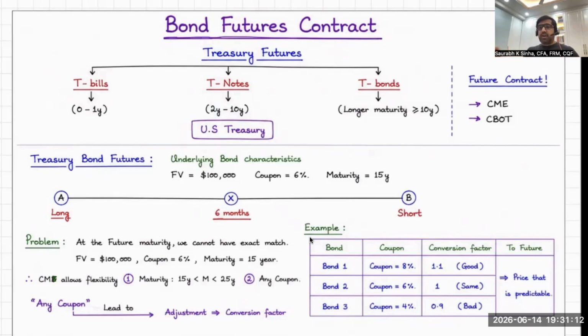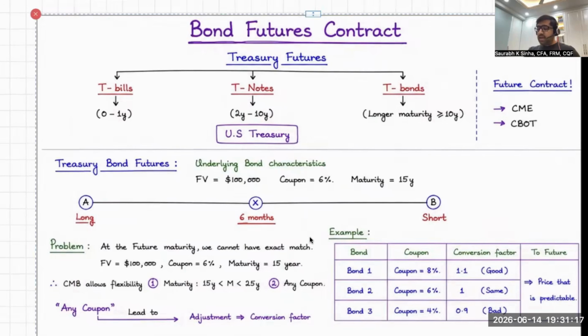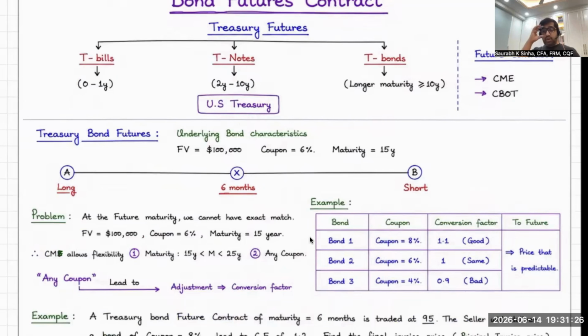And we are talking about the future contract written on these Treasury bonds, the T bonds, which have a maturity of 20 year, 30 year. These future contracts are generally traded in the Chicago Mercantile Exchange and Chicago Board of Trade. Okay. So there is a future contract between two parties A and B, where A is long and B is short, and they are trading the future contract on an underlying asset.